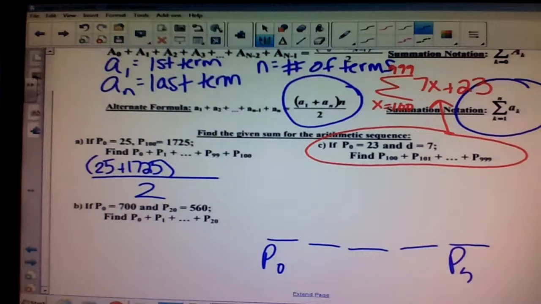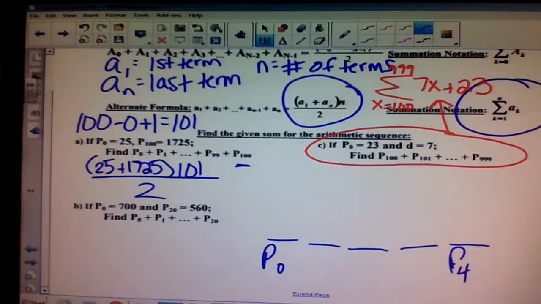How many numbers do I have? Technically 5, because P sub 0 is a term. So this is 1, 2, 3, 4, and P sub 0. The way that you will always get the right amount of terms is to take 100 minus 0 plus 1.